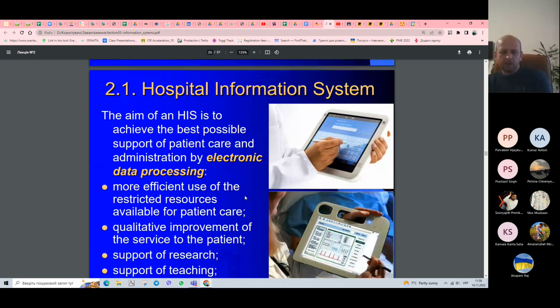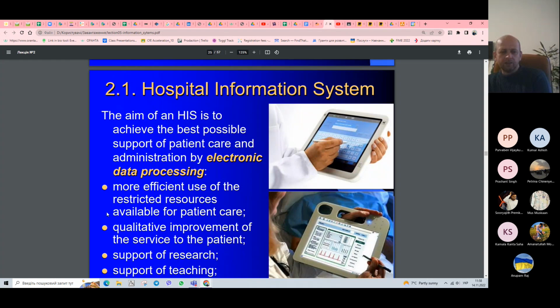For example, you can see a view of a hospital information system. The aim of a hospital information system is to achieve the best possible support of patient care and administration by electronic data processing.